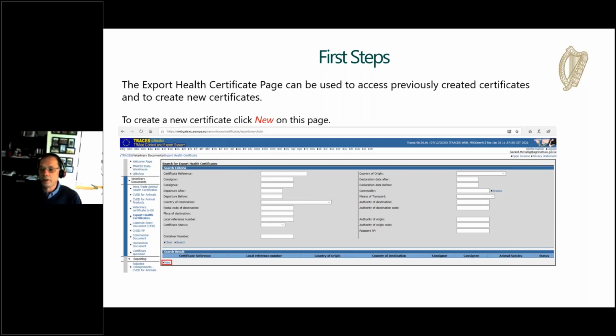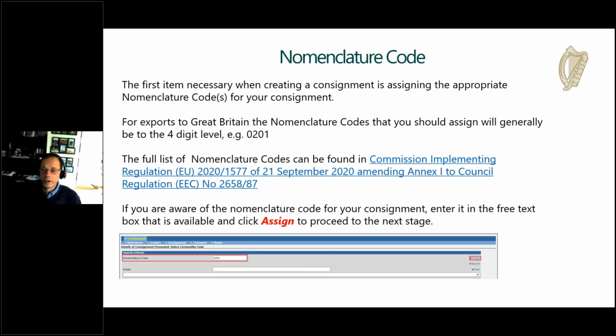The first item necessary when creating a consignment is assigning the appropriate nomenclature code for your consignment. For exports to Great Britain, the nomenclature codes that you should assign will generally be to the 4-digit level, e.g. 0201.